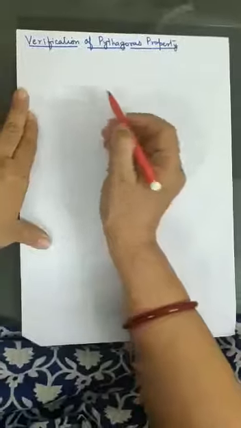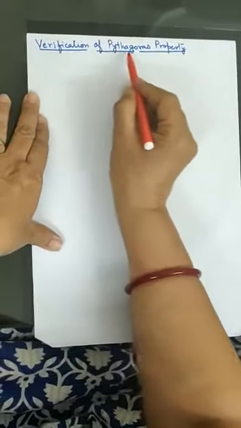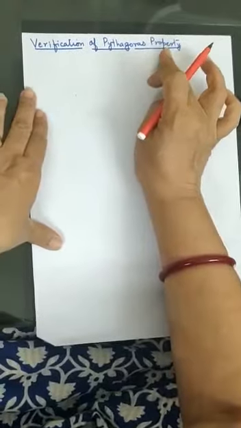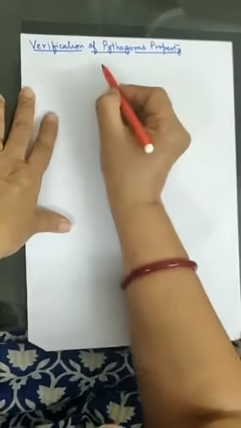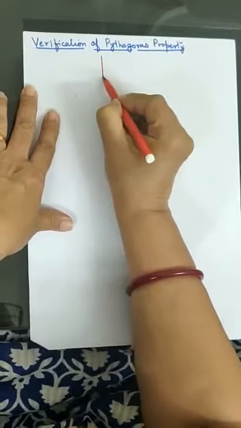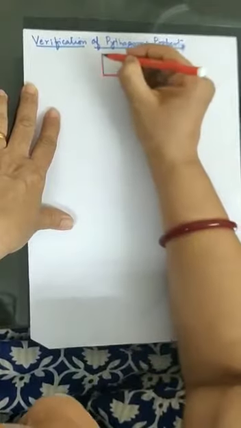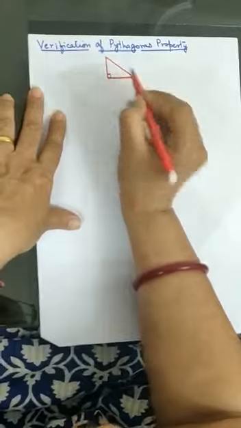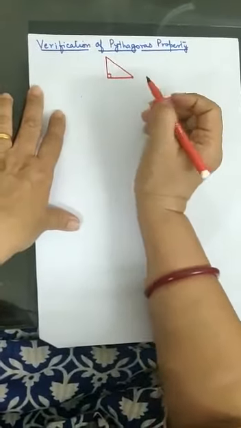Now we will start with the verification of Pythagoras property. This Pythagoras property is applicable only in case of right angled triangle. So I am drawing here a right angled triangle. In this angle is a right angle.